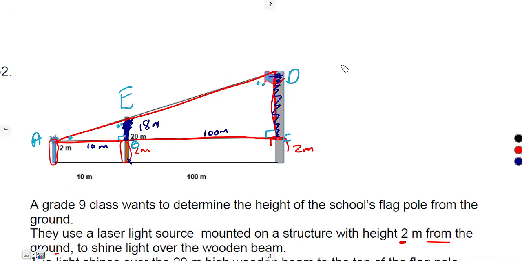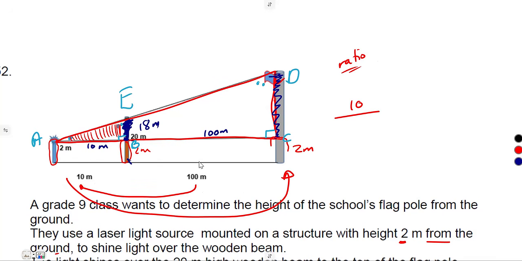So similar figures, think about the ratio of corresponding sides. By just looking into our diagram, we can look into the corresponding figures in terms of the length. The 10 of the smaller triangle corresponds to the bigger one, the whole length there. So it's 10 plus 100, which is going to be 110.